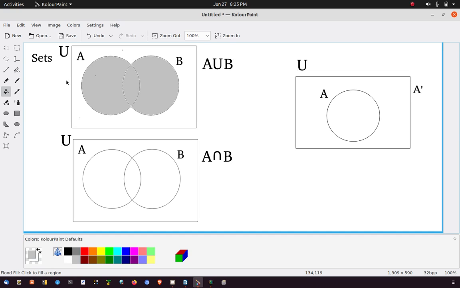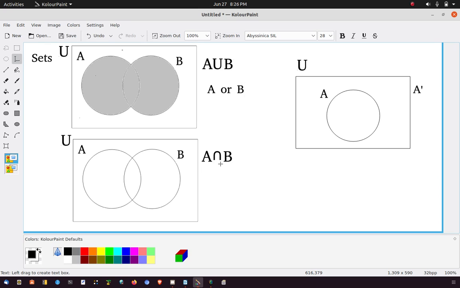If you don't know about that, it would be good to read up on, because you will be doing information technology as a subject as well. But the union represents OR in logic gates. So A union B is like A or B. We're saying A or B. All right.